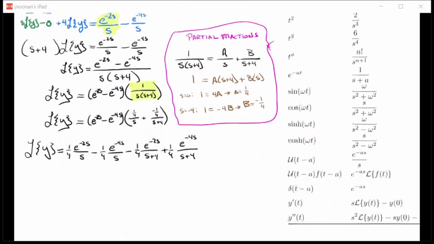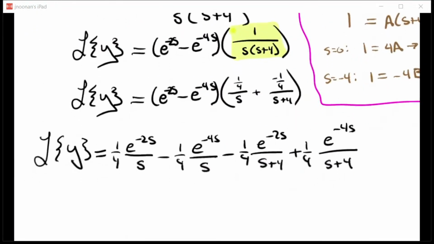So double check, make sure it makes sense, and then we're going to do the inverse Laplace transform of each term. I'll give you a minute to check all of my algebra, and then we'll do one term at a time, don't worry.